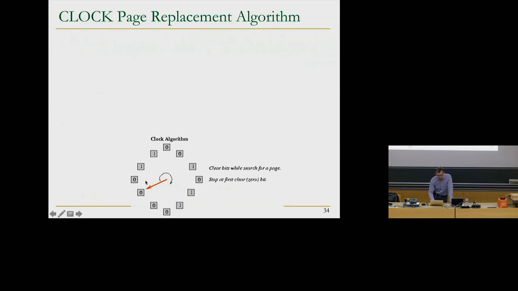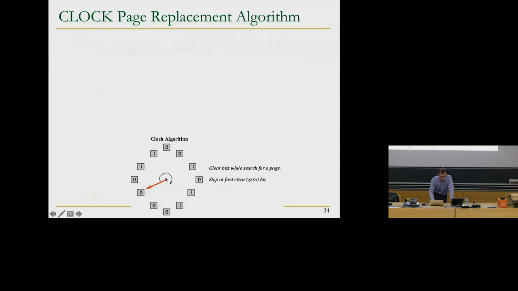And that pointer points to the place that you're going to start looking for a page to replace. So it points to this page, for example. And it basically tries to find a page whose reference bit is not set. So I assume that these are bits for each page, saying that this page was accessed recently.